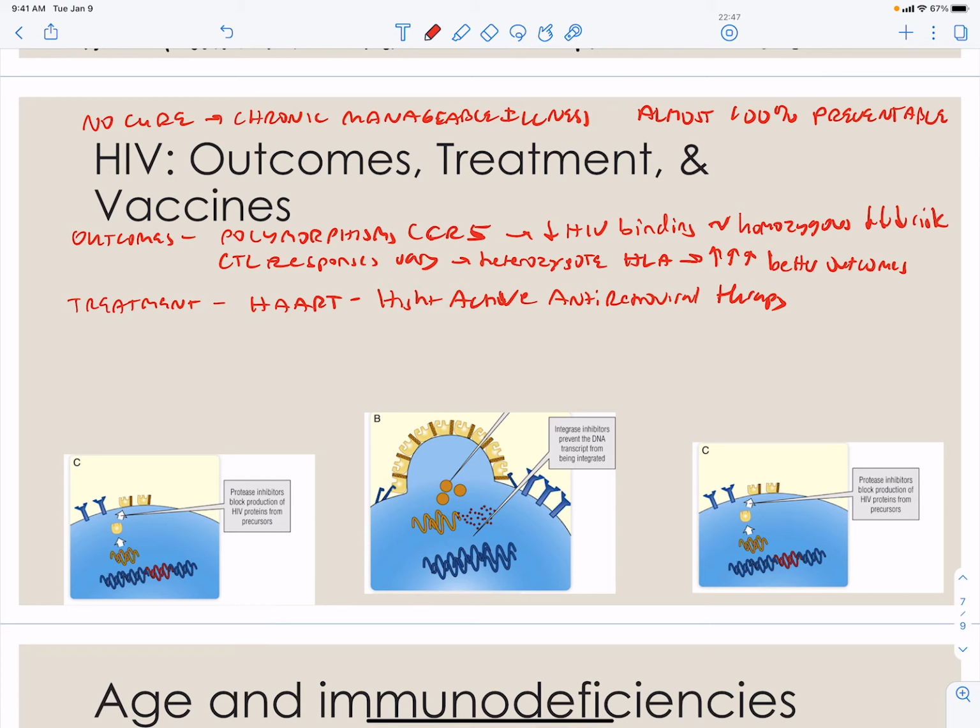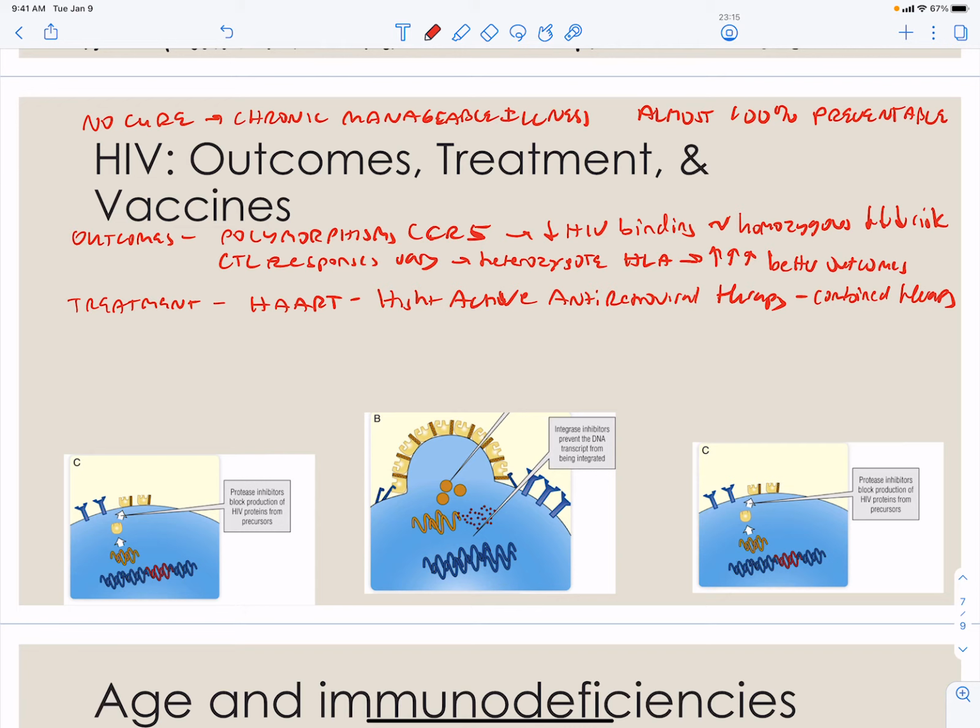And so highly active antiretroviral therapy is going to be a combined therapy. It was very clear that very early on, a monotherapy was not working because the virus would mutate too quickly. So the idea was to put together a combination of targets with respect to our antiviral drugs.